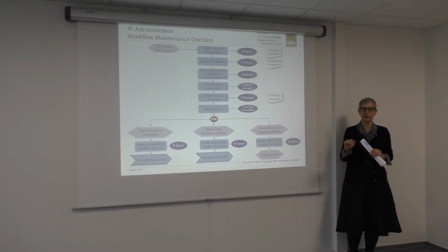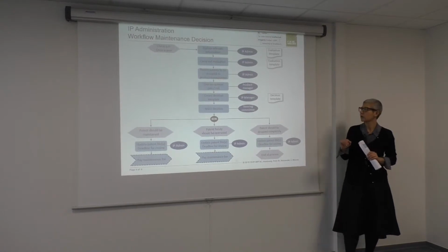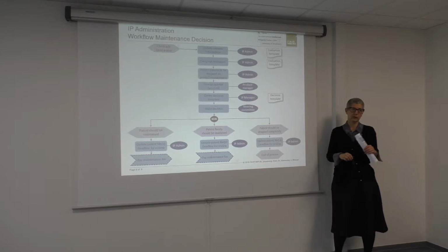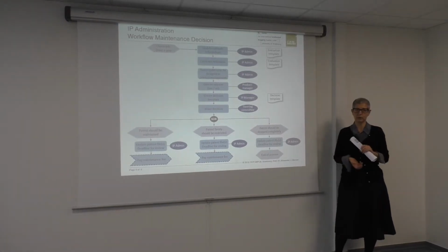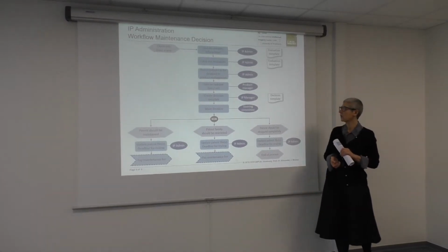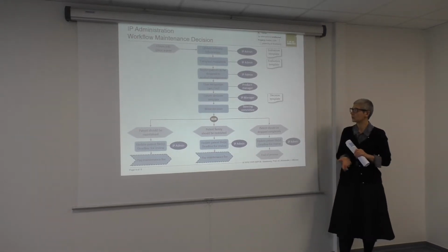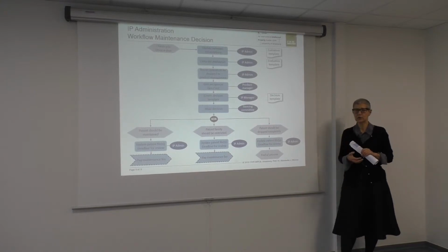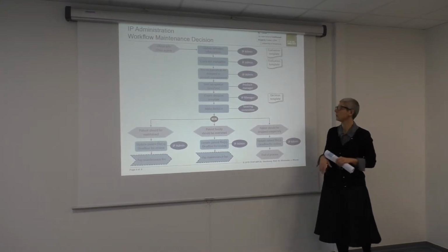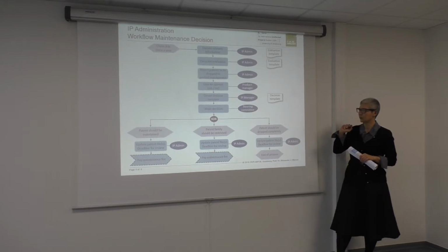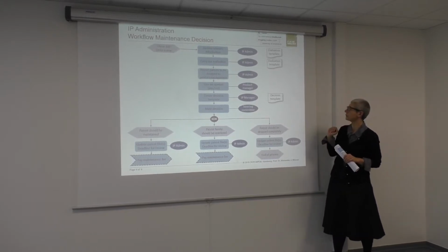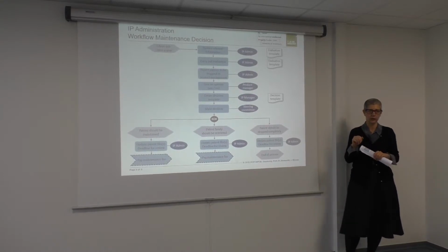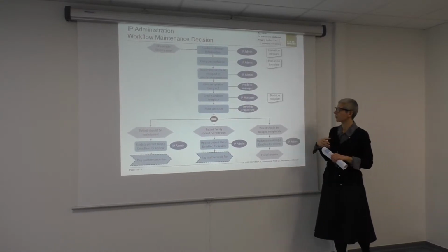The IP administration department is charged with the task of extracting the information on the patent portfolio, and in particular of the IP rights for which a decision has to be made. Of course, they will extract the information and present it in an understandable manner to the product manager. So we have developed proper templates so that the information can be read and understood.